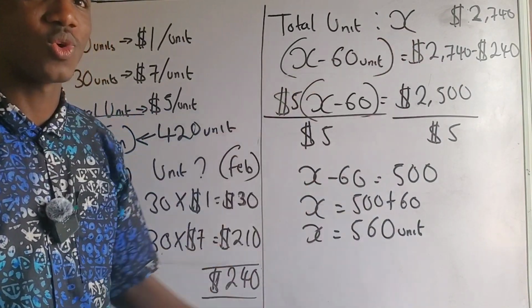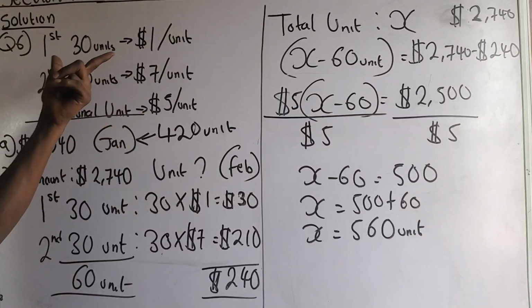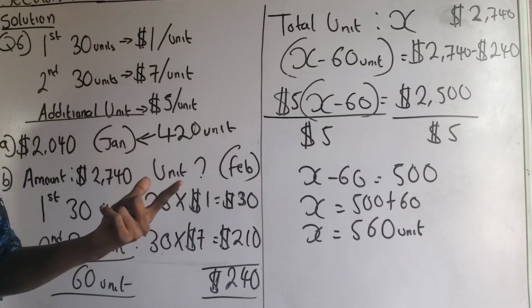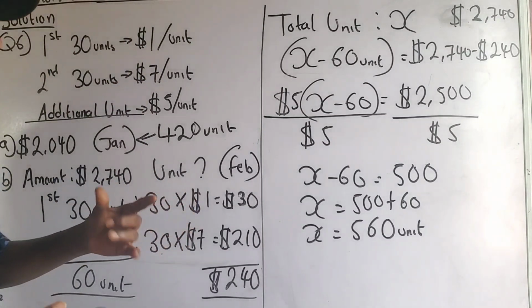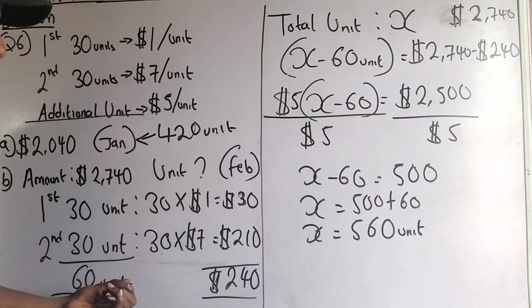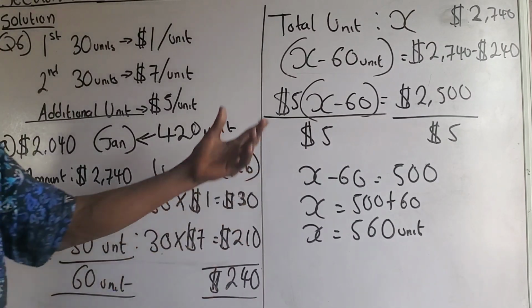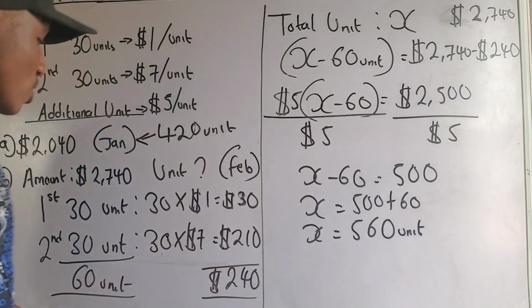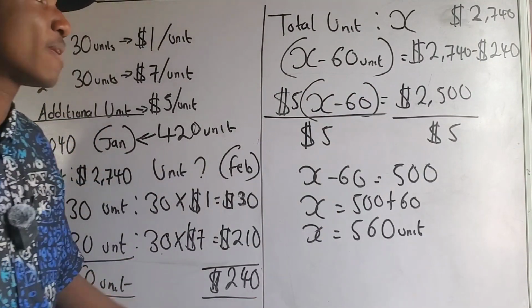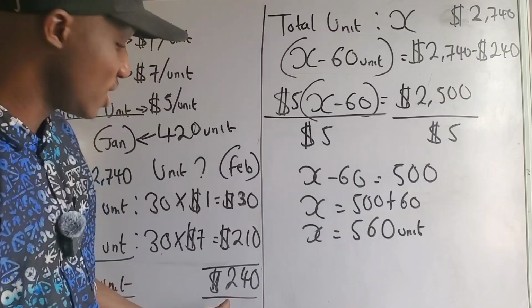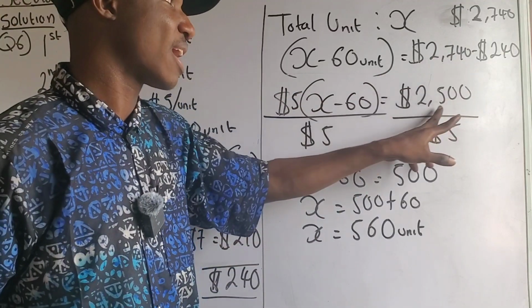Are you getting it? So, because we've been given different prices for the first 30 and the second 30, I first calculated the first 30 and the second 30, the cost of it is $240, right? So the remaining unit will be what? X minus 60 units, because the cost of the first 60 units is $240. So I subtracted this cost from the total cost. I arrive at this.